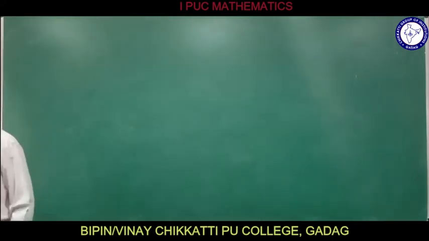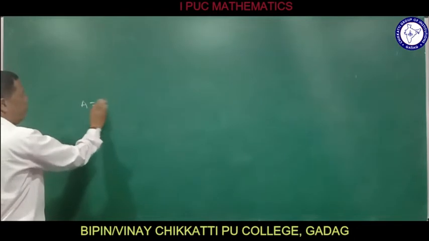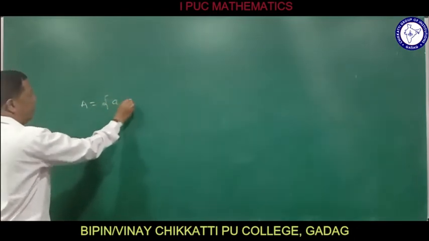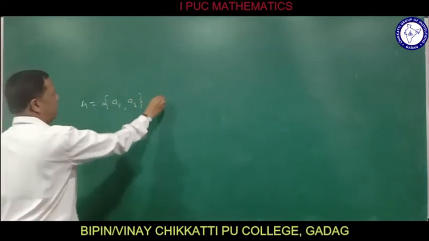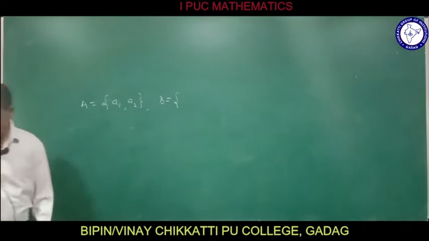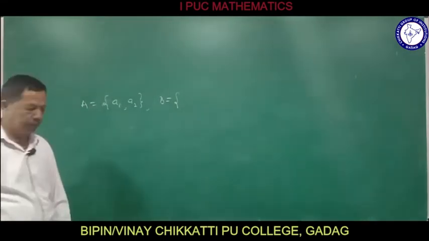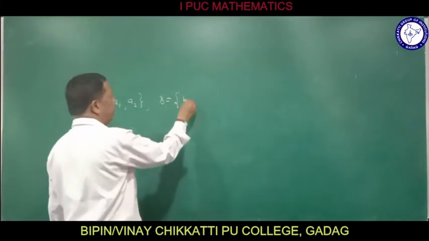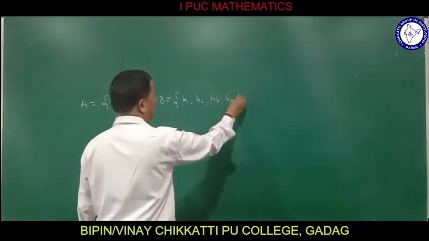Suppose, for example, I say A is equal to one set, {A1, A2}, and another set I am taking, B, is equal to {B1, B2, B3, B4}. Here you have to write as many letters as needed.